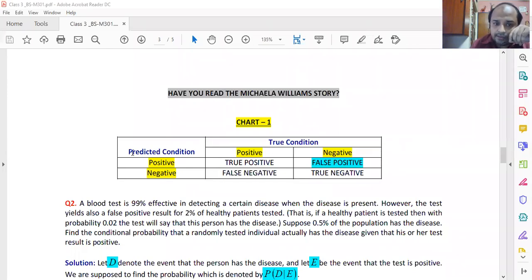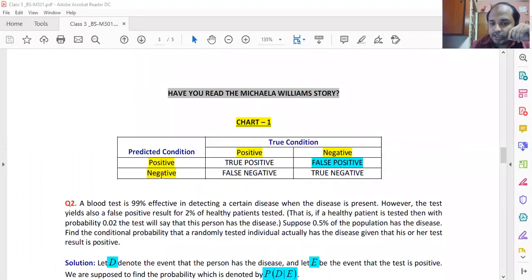Look into the chart. There are two types of conditions in reality: one is called the predicted condition, another is called the true condition. For each of these conditions, there are two possibilities, positive and negative. If your predicted condition and your true condition are both positive, that is called a true positive. If your predicted condition is negative and the true condition is positive, it is called a false negative.